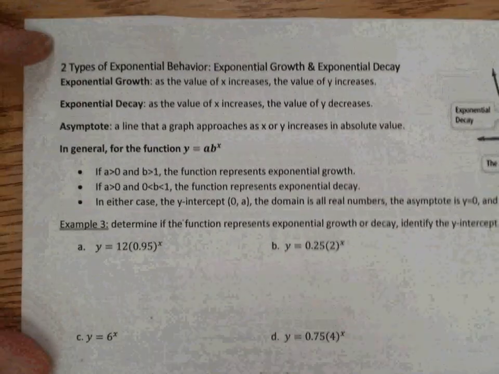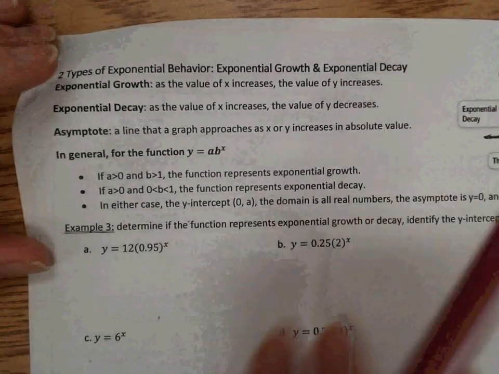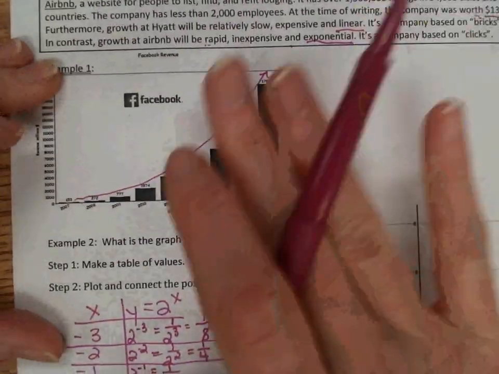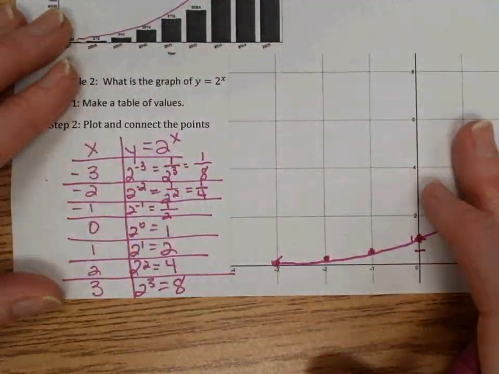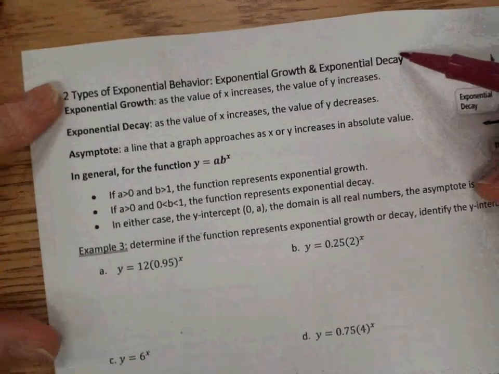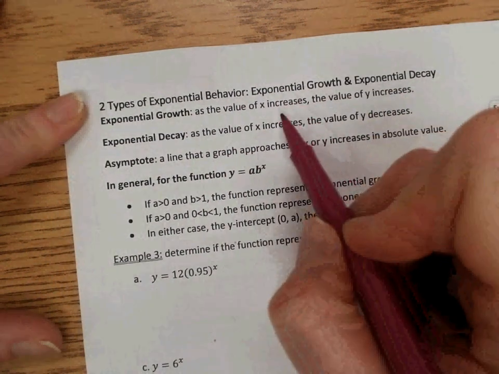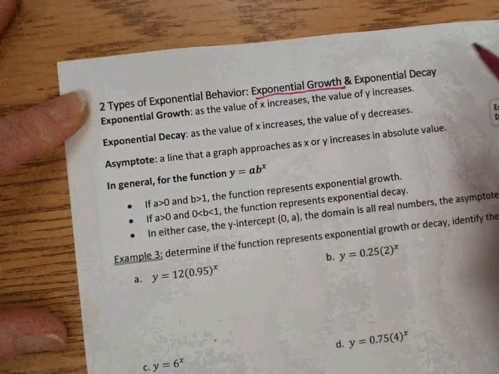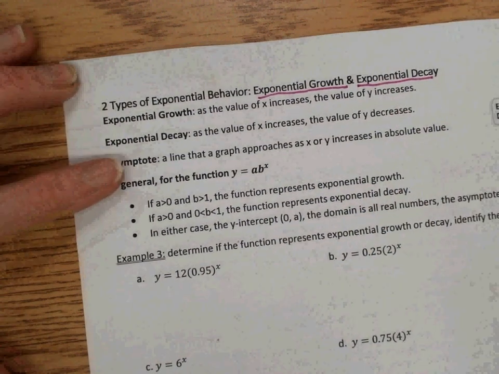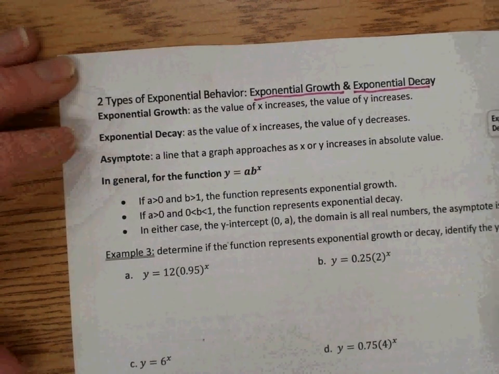So here are some definitions for us. We've looked at an application for exponential functions, another application, and then we've looked at an example of a graph. 2 types of exponential behavior. There's 2 types. We've looked at exponential growth. It increases rapidly. There's another type, exponential decay, and you've heard of that before, probably in science class.